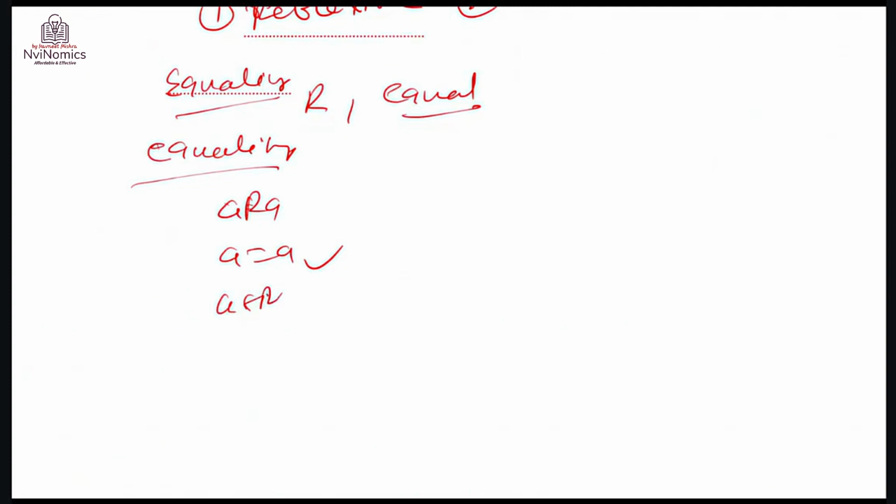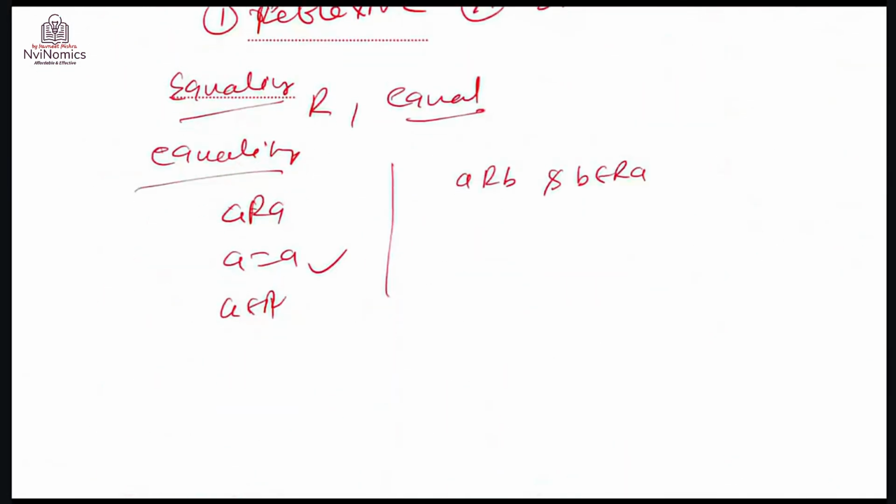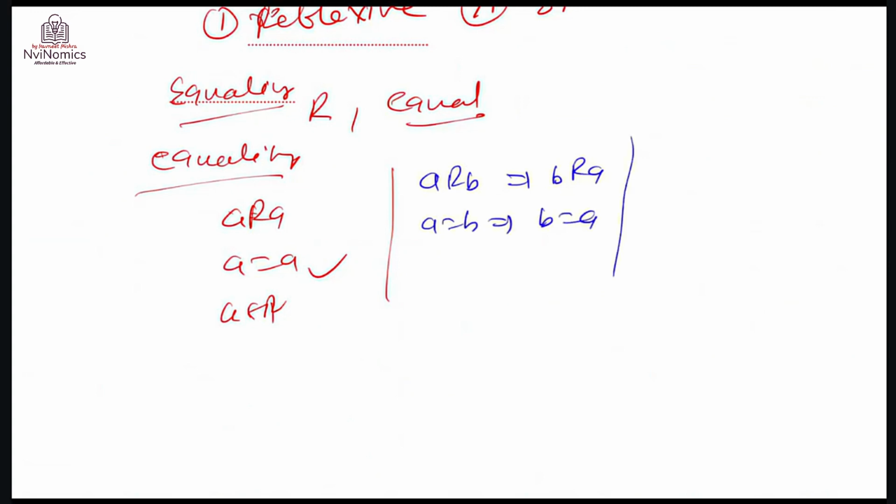Now, if a is related to b, it implies that b should be related to a. If a equals b, obviously b equals a.